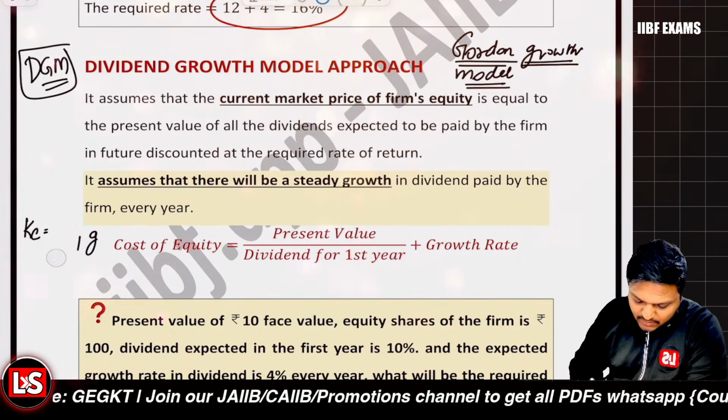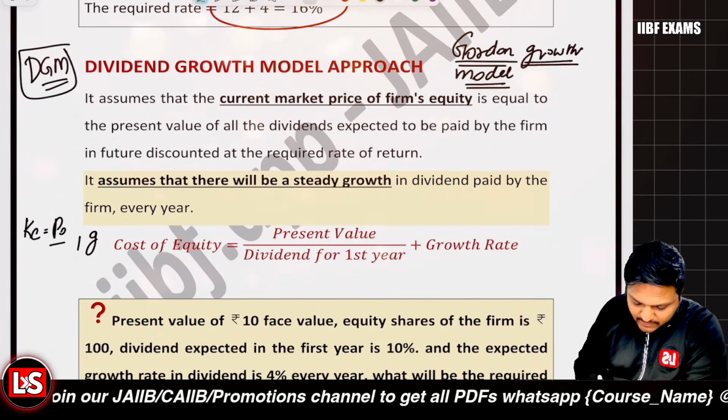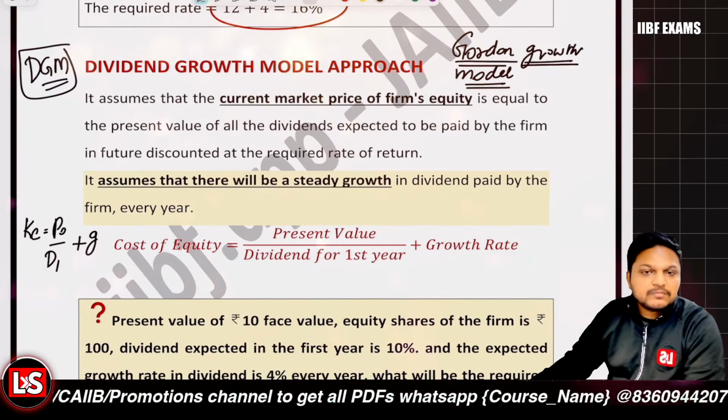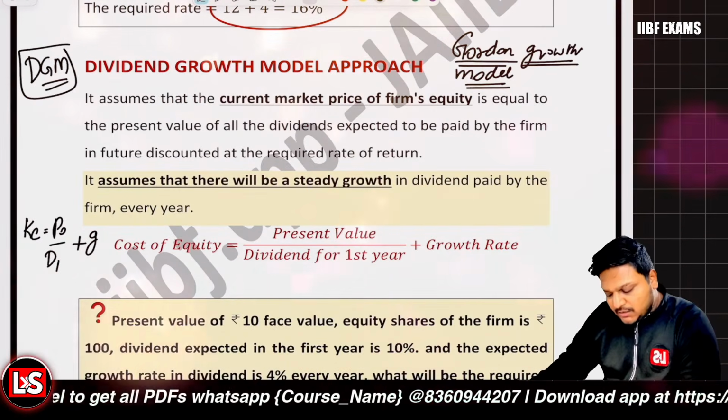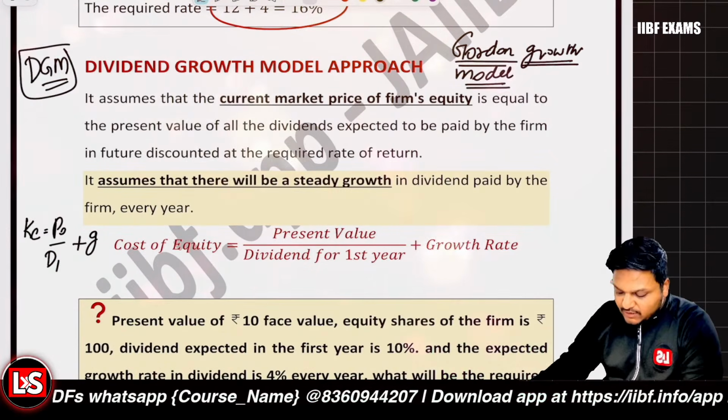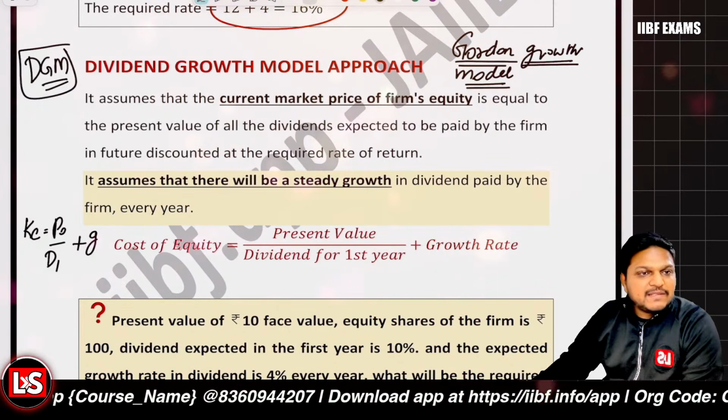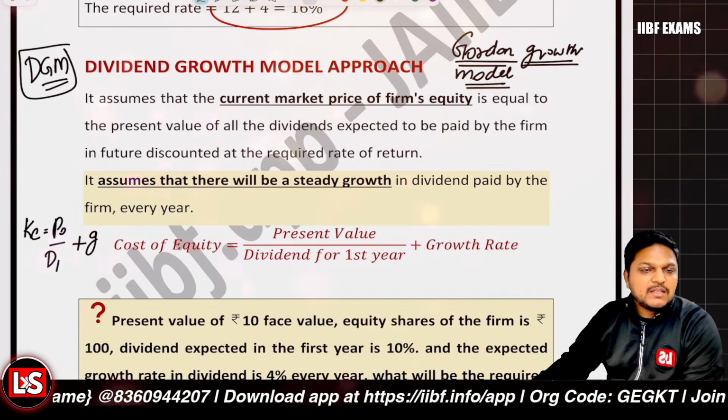Sorry, it is D1 divided by P0 plus G. So if we know what dividend is to be paid for the first year and what the present value is, we can easily calculate using this approach.